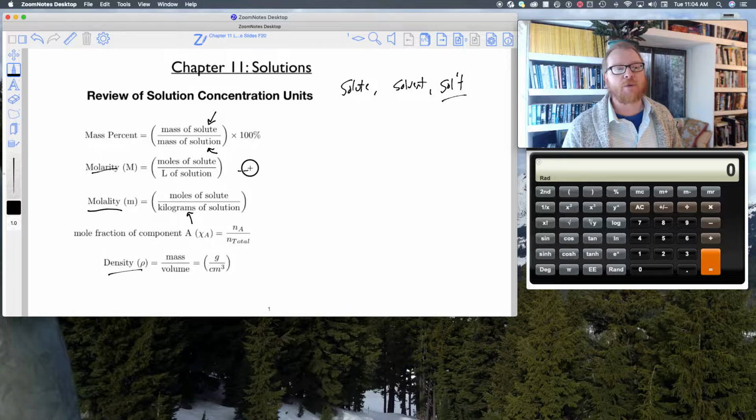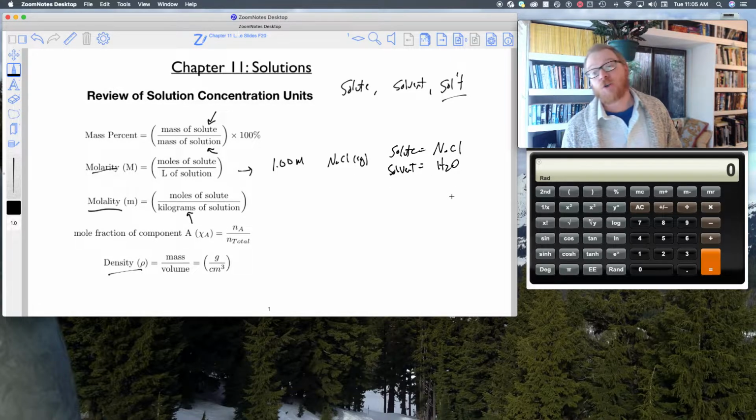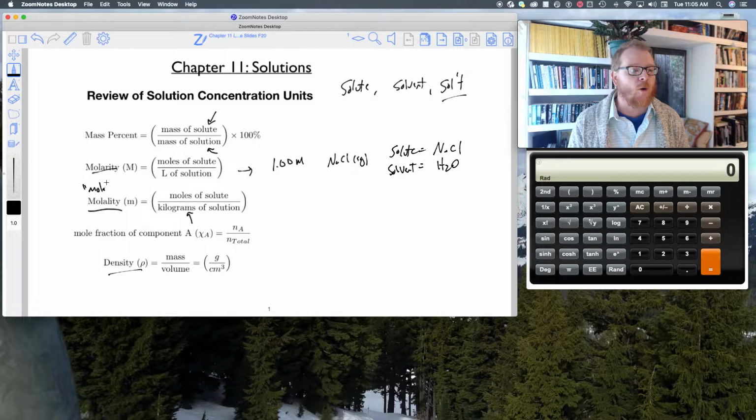So I'll give you an example. Suppose we have a 1 molar solution of something like NaCl, okay? So we can say that the solute is NaCl, and the solvent is H2O. Well, to convert from 1.0 molar NaCl to molal, I'll write that down, molal.